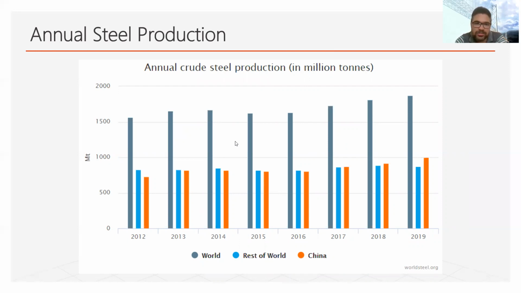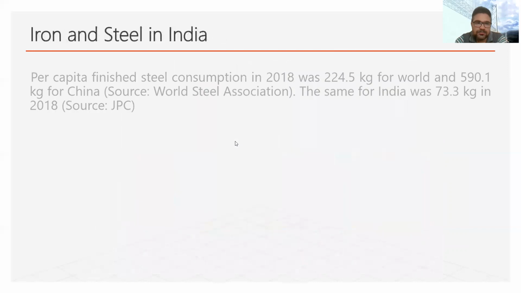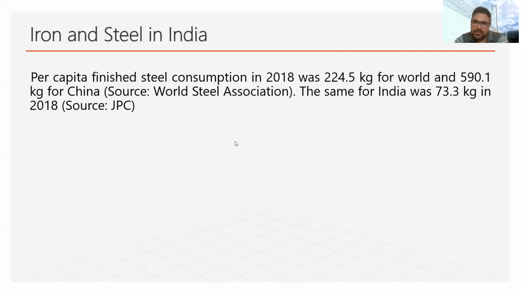Now in the second position, India comes. But the difference between the production of China and India is very huge. In the current scenario, India is basically the second largest steel producer after China. And if we talk about the per capita finished steel consumption, in India it is 73 kg per capita.